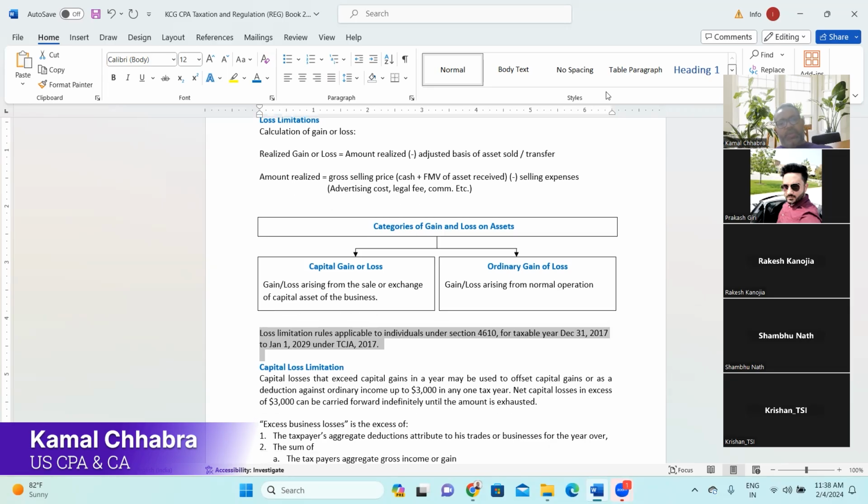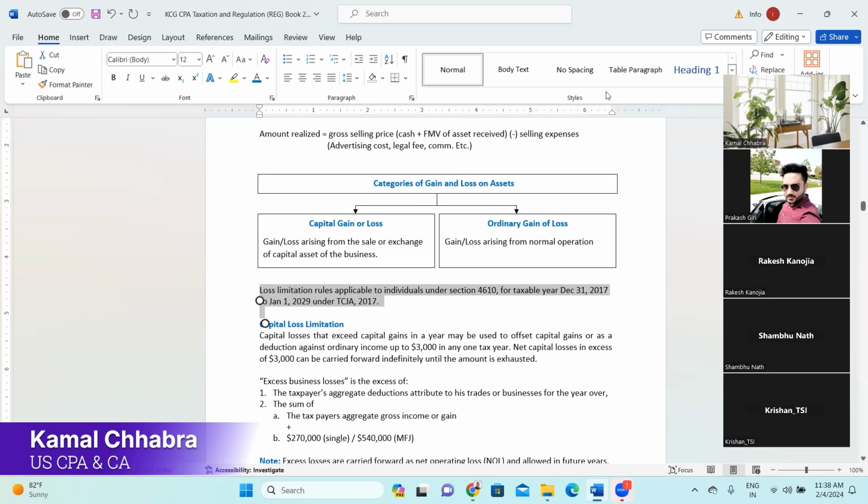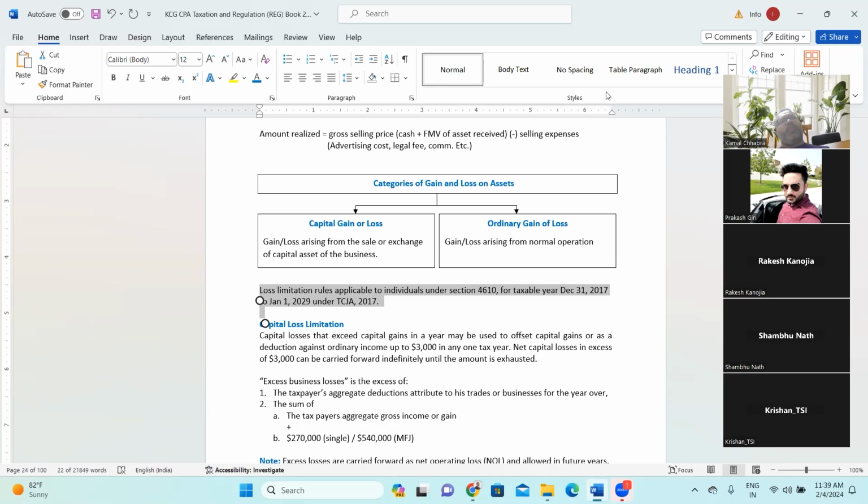The provision is that capital loss up to $3,000 you can adjust against ordinary income, and the remainder can be carried forward infinitely for future years, because normally the capital loss carry forward provision is 8 years. But under the TCJ Act, it has been approved infinitely for these years' losses.